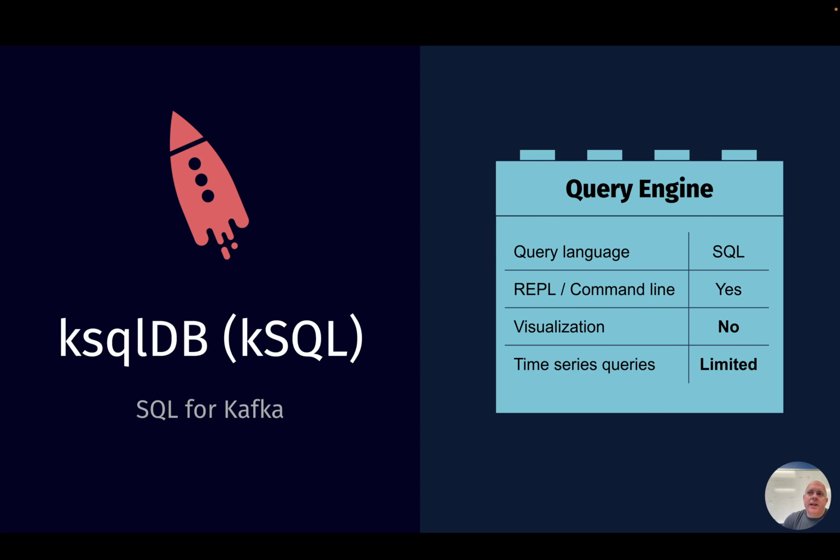So the first query engine we'll talk about is ksqlDB. This is just SQL for Kafka, fairly straightforward. So as you'd expect, the query language is SQL. There's a command line where you can interactively work with data, but it doesn't provide visualization, and the time series queries are very limited, basically to things like windows of data.